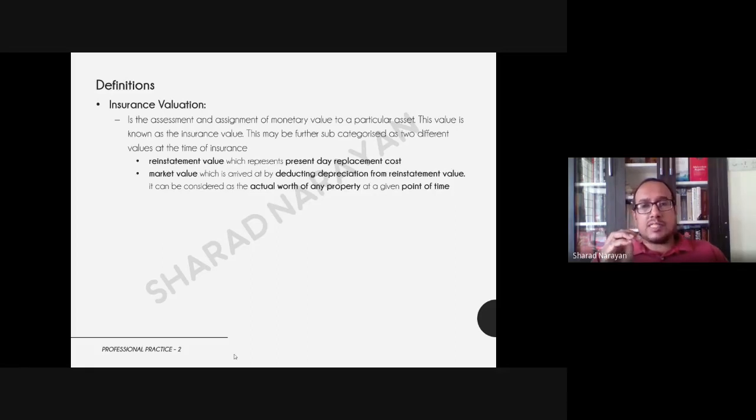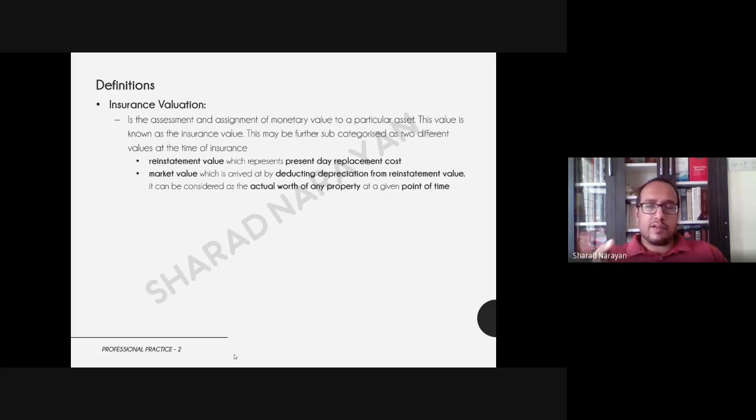And it may further be subcategorized as two different values at the time of insurance. One is the reinstatement value, which represents the present day reimbursement cost, replacement cost, and the market value, which is arrived at by deducting depreciation from the reinstatement value. It can be considered as the actual worth of any property at any given point of time.